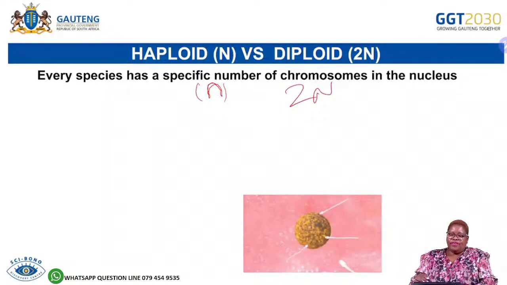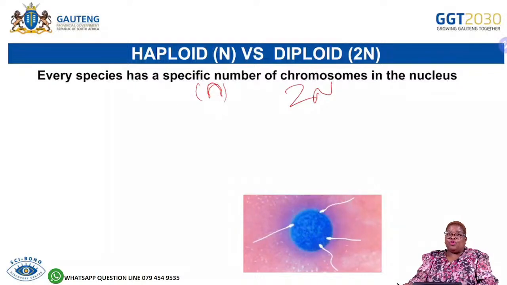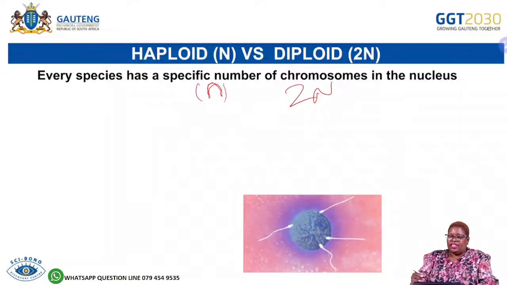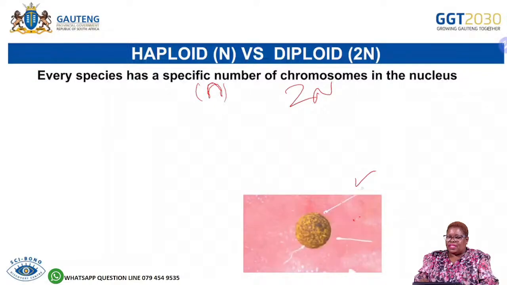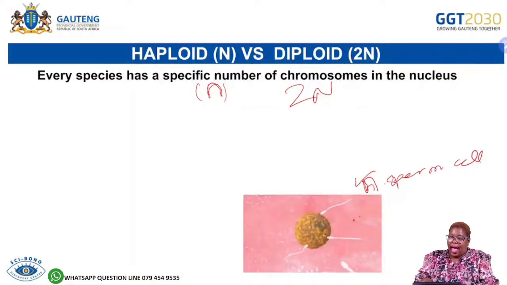Now every species has a specific number of chromosomes in their nucleus. Just before we move on, if you look at this diagram, it shows a haploid sperm cell fusing with a haploid ova.